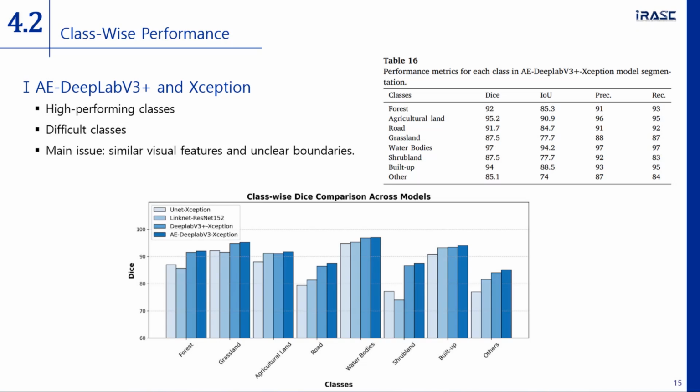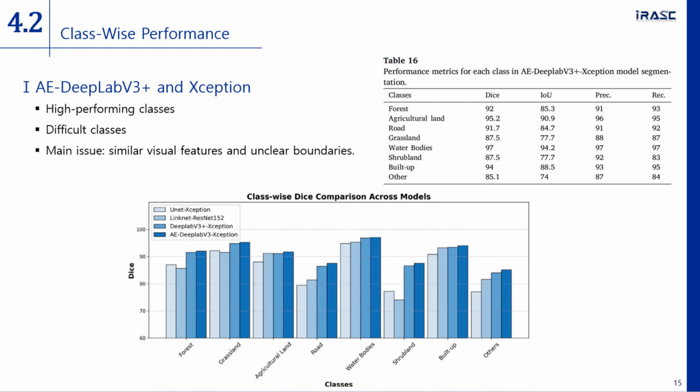Besides the overall comparison, the authors also analyzed the performance for each land cover class. For AE DeepLab v3+ with Xception, water bodies achieved the best performance with a Dice score of 97. Agricultural land also performed very well with a Dice score of 95.2.